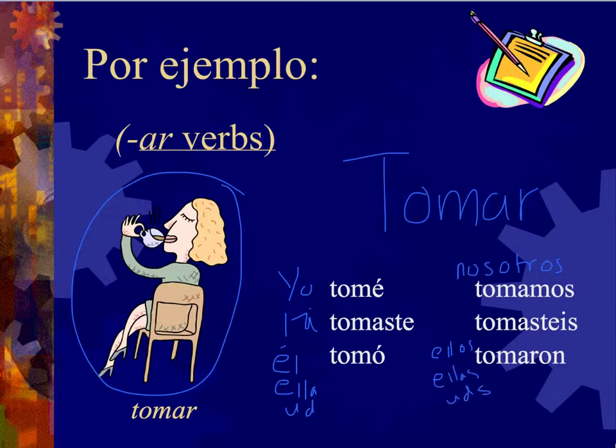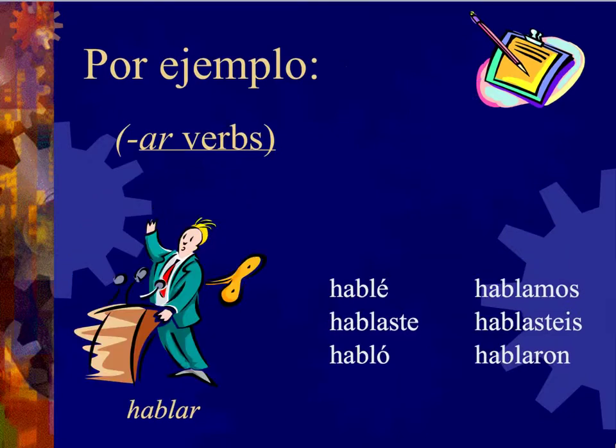Okay, so I do want you to think about how this sounds different from the yo present form. So yo tomo in the present, I drink, and he drank. Él tomó. So yo tomo, él tomó. Okay, so you can hear the stress is different.